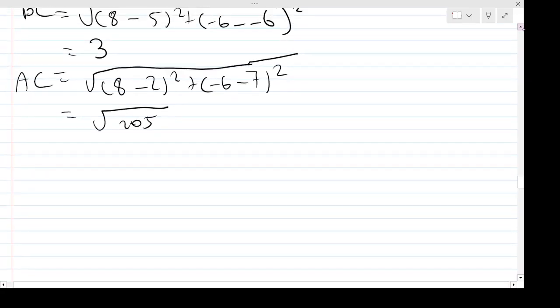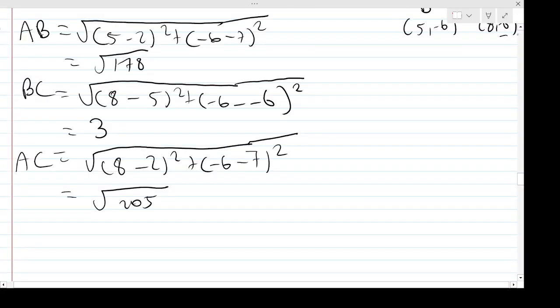Well, there we are then. We've worked out the length of all 3 sides of the triangle, and none of them are equal. So AB is not equal to BC, which is not equal to AC. I guess I could just say that therefore all sides AB, BC, AC have different lengths.